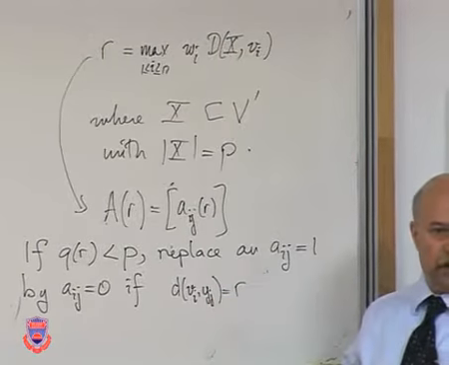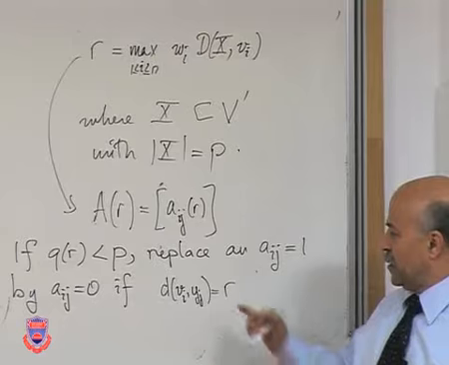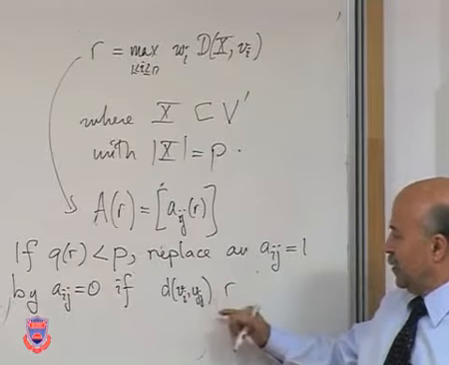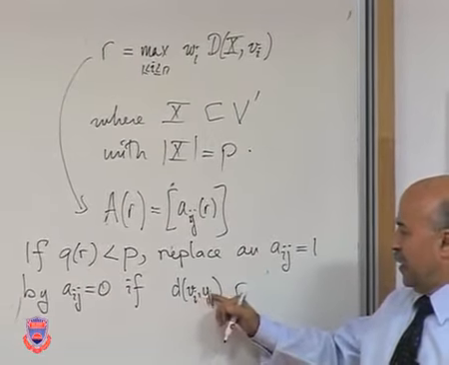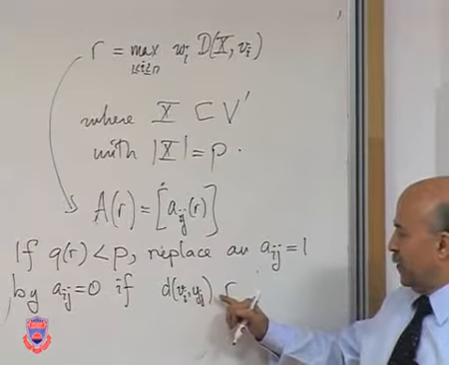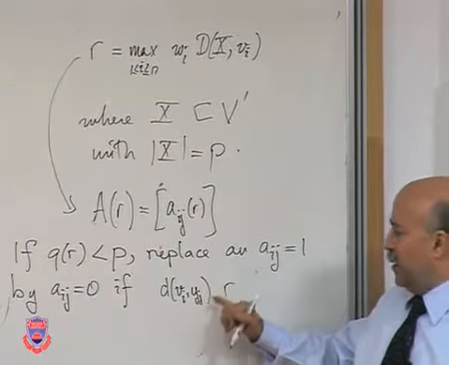Yj will not be permitted anymore, in which case you're simply requiring the coverage distance between Vi and whatever is going to cover it to be less than R.